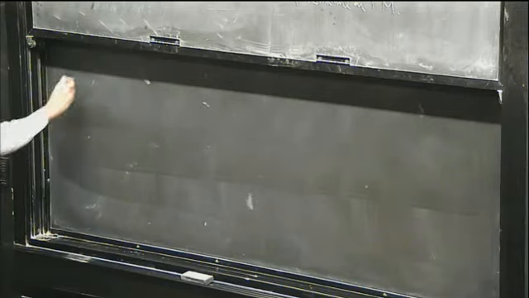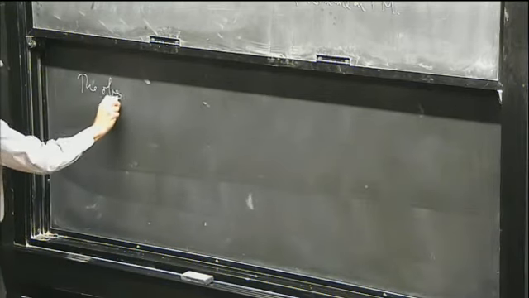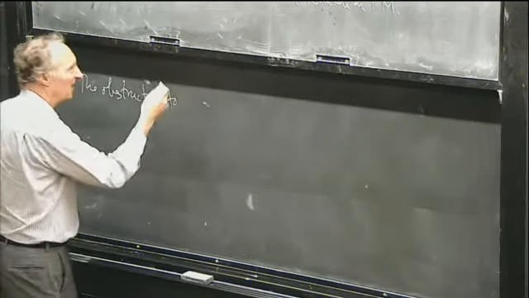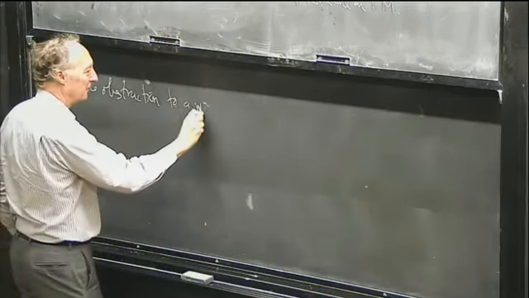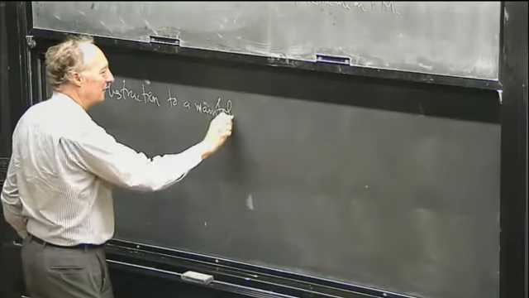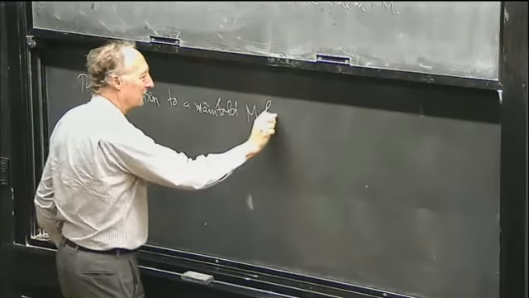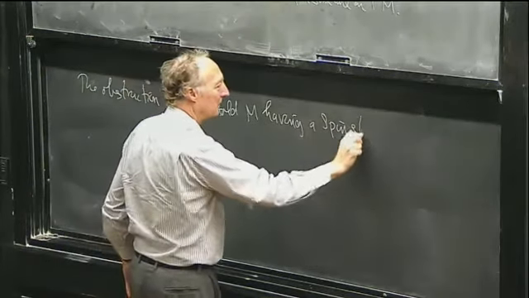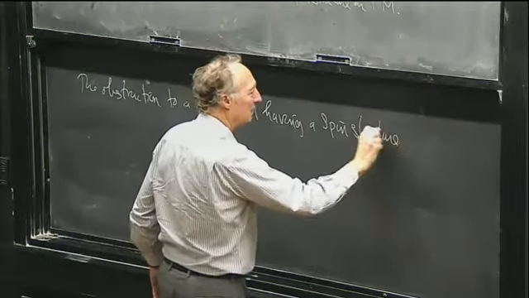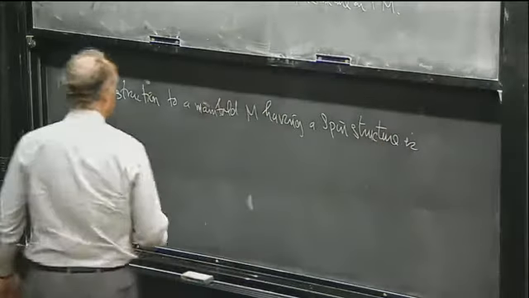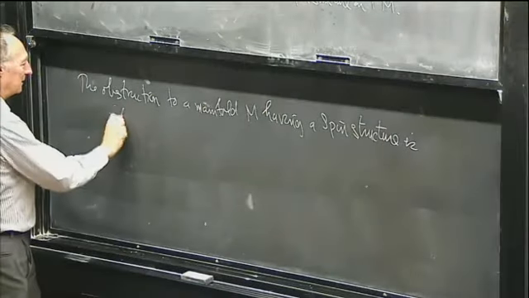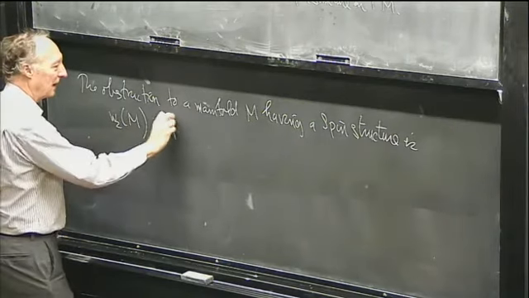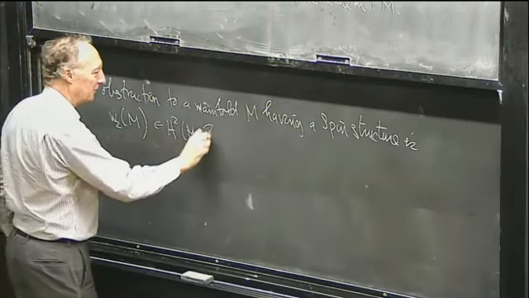So the obstruction to a manifold M, or its tangent bundle, having a spin structure is the second Stiefel-Whitney class of the tangent bundle. This is a two-dimensional cohomology class with Z2 coefficients.